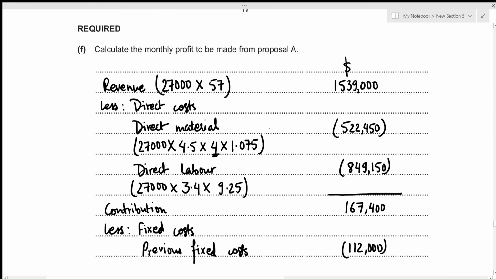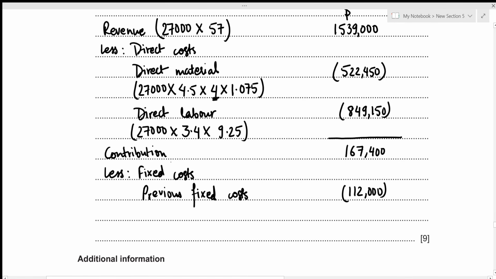Let's include that. So the cost of the machinery is 75,000, and the depreciation rate is 20%, so we can just write it to be 0.20, but we only need to include the depreciation per month, and this will provide the depreciation per year. So in order to figure out the depreciation per month, we can just divide it with 12. So that's going to be 75,000 into 20% divided by 12, which gives us the depreciation per month to be 1,250.